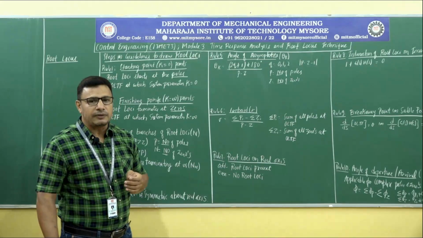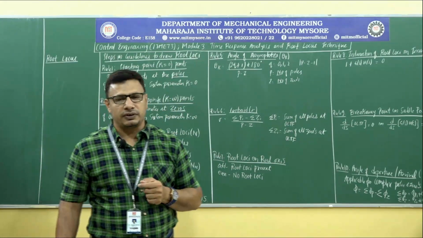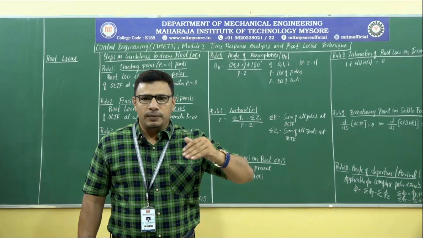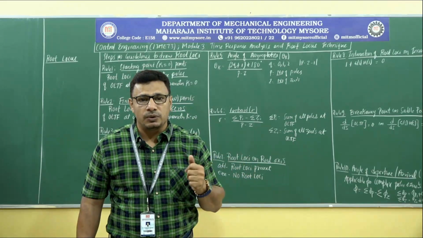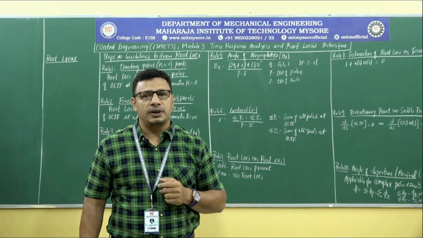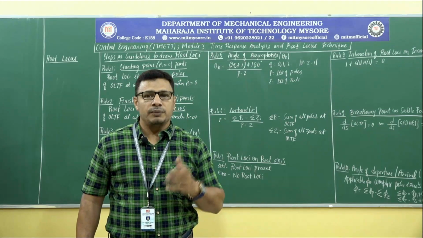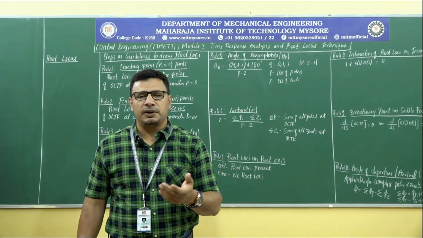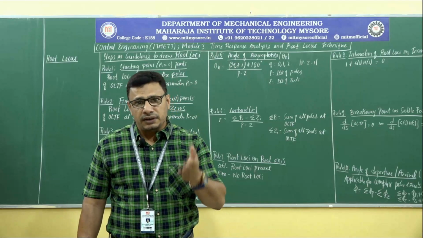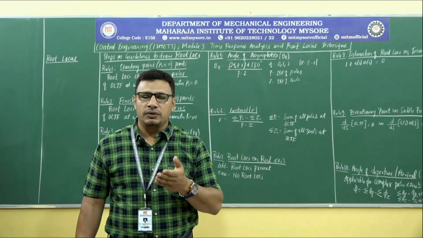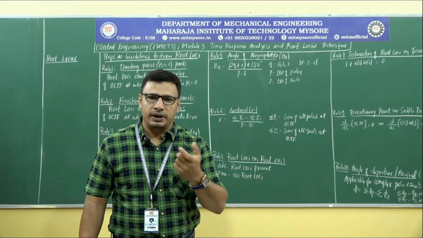If there is a transfer function given, that is open loop transfer function, then the numerator terms are called zeros, the denominator terms are called poles. So, maybe for example, s into (s plus 1) into (s plus 2), then s is equal to 0, s plus 1 is equal to 0, s plus 2 is equal to 0, you can take that.